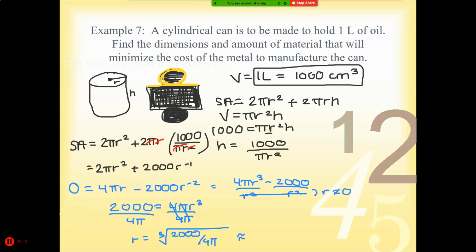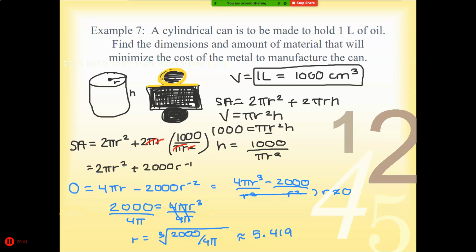Which is approximately 5.419. So that gives the dimensions of the radius.